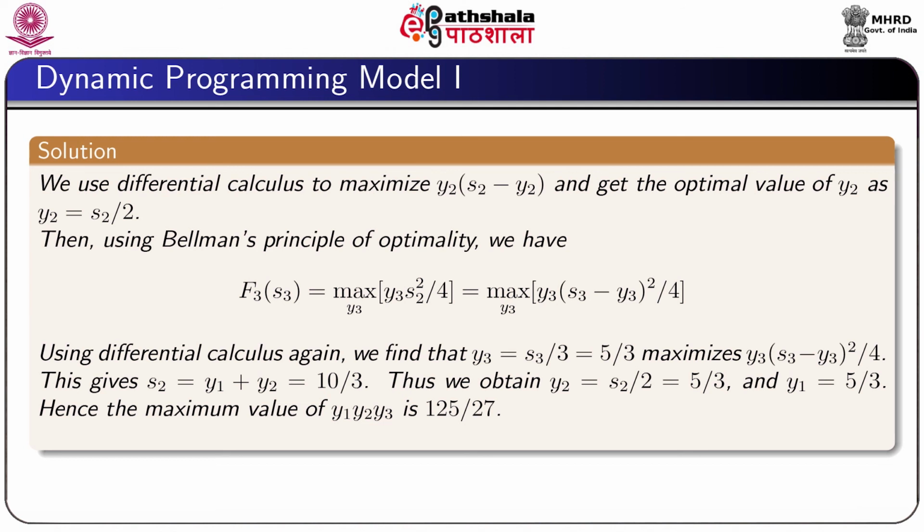Thus, we obtain y2 equal to s2 by 2, which is equal to 5 by 3, and y1 equal to 5 by 3. Hence, we find the maximum value of y1, y2, y3. Putting the values of y1, y2, y3, we get it as 125 by 27.